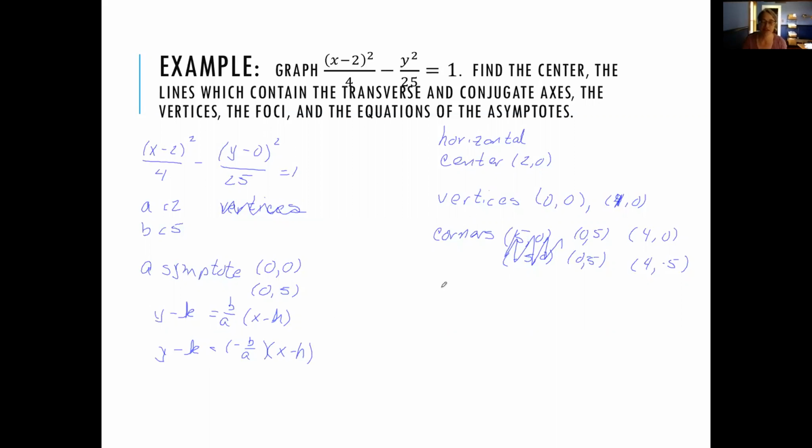So for this particular hyperbola, your asymptotes are given by the equations y minus 0 equals 5 times x minus 2, and the other one y equals negative 5 times x minus 2.